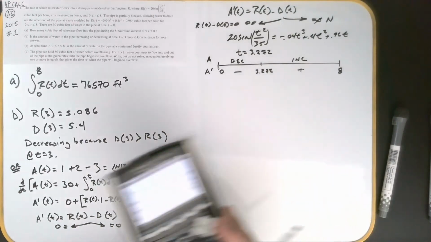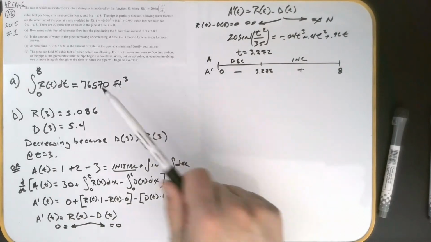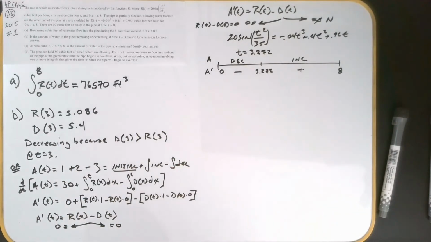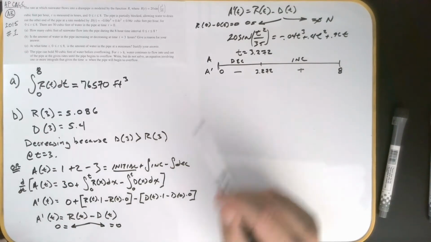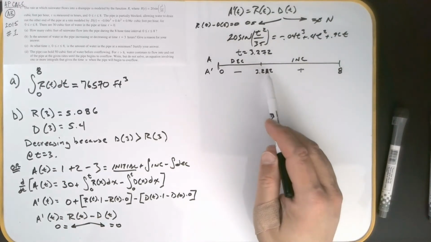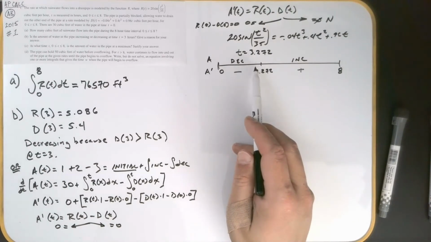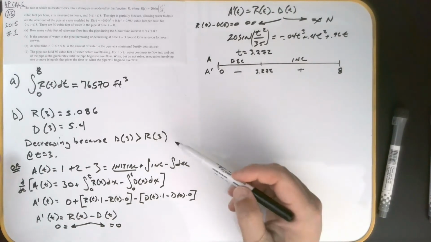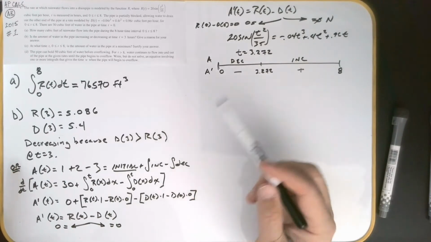So, on this approach, the question is, again, taking a long time doing it this way, what's going on at time t equals 3? Well, we decided to build the function, take the derivative, get the critical numbers, and we tested the interval, and as it turns out, 3 is in the decreasing interval. So, our same reasoning here, decreasing because d of 3 is greater than r of 3 at t equals 3.